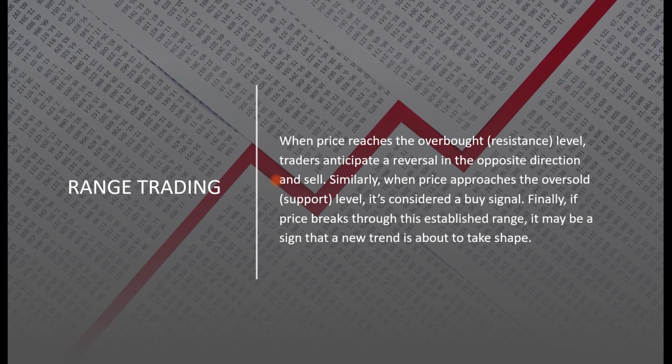When price reaches the overbought or resistance level, traders anticipate a reversal in the opposite direction to sell. Similarly, when price approaches the oversold or support level, it's considered a buy signal.